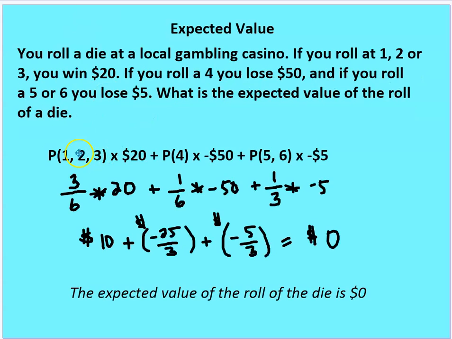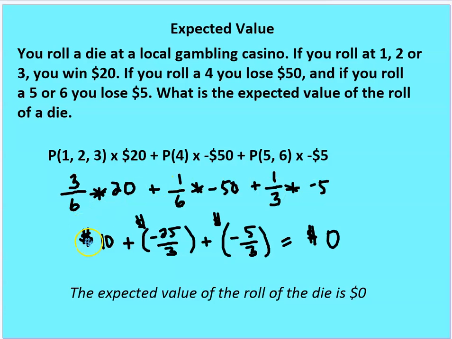All right, so here we go. Probability of 1, 2, or 3 is 3 over 6 times the weighted value, $20, plus 1 over 6, the probability of rolling a 4, times the weighted value, negative $50, plus 1 over 3, the probability of rolling a 5 or a 6, times negative 5.